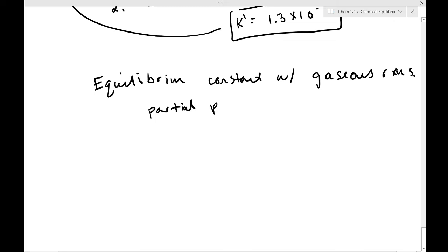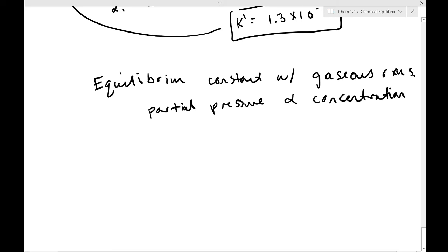You guys remember learning about this? I think it was chapter 11. Partial pressure is proportional to concentration.